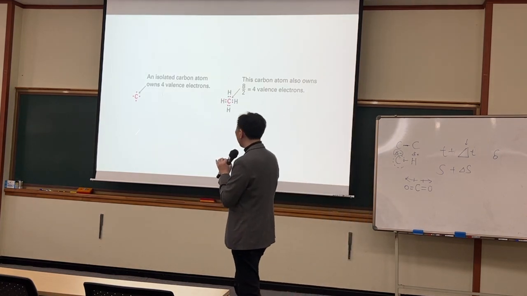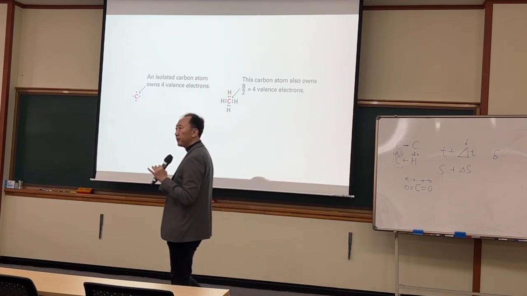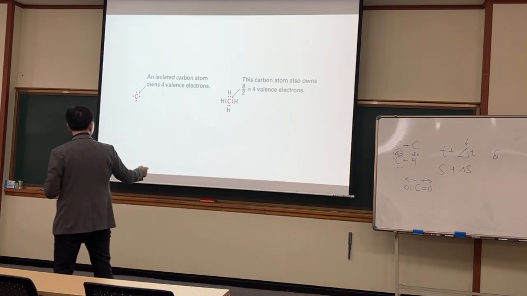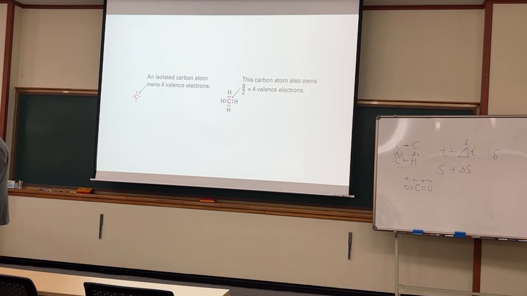If you compare these two, originally I had 4. Later, we share these electron pairs one by one, and half of them is my part. I invested 1 electron. Then with the bonds, totally 8 electrons, but half of them are mine. So this is the original point and this is the ending point. If you take this out, 4 minus 4 is 0.